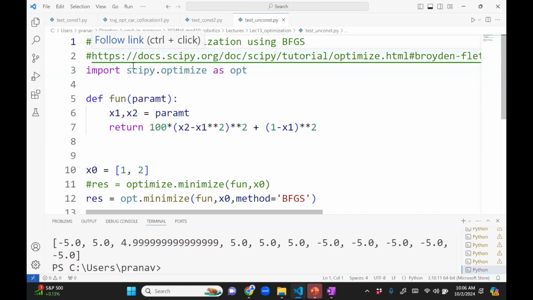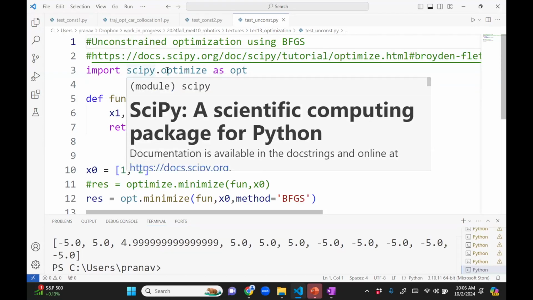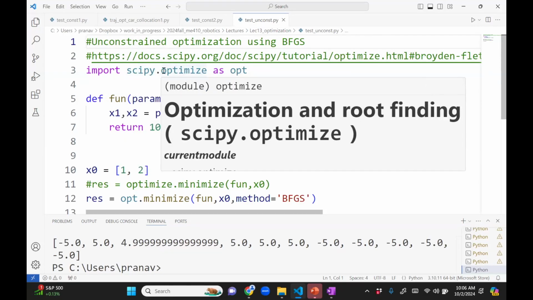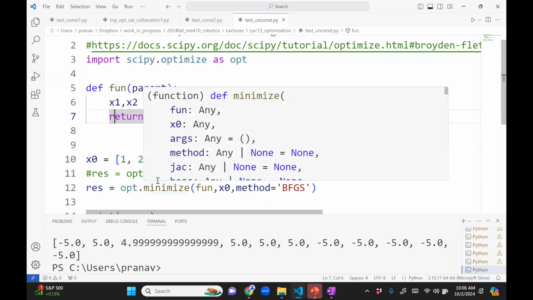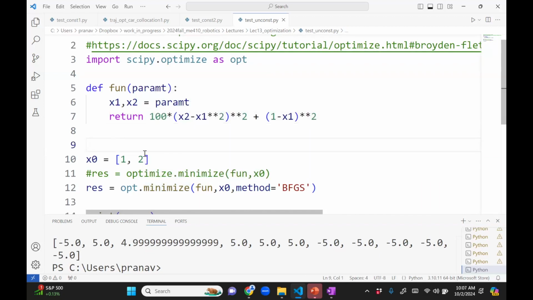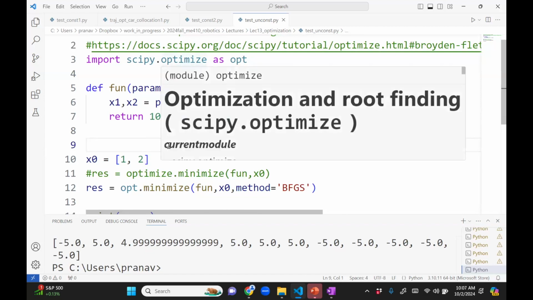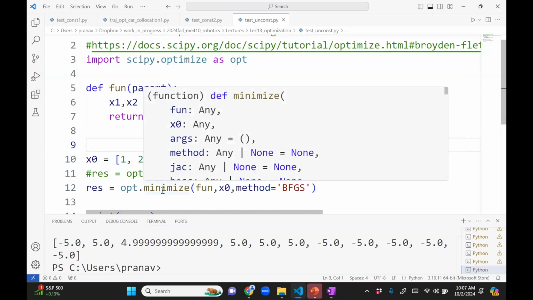I put the documentation here. Essentially, we are using scipy.optimize, and there's a function called minimize. I wrote it incorrectly. I should have written scipy.optimize.minimize. I'll correct that. Once you import scipy.optimize, you just use the function minimize.